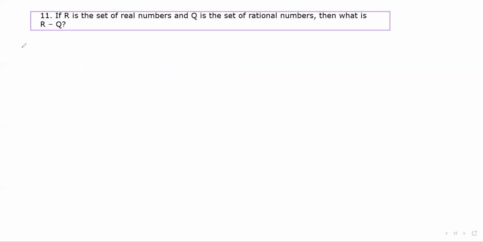11th. If R is a set of real numbers and Q is a set of rational numbers, then what is R minus Q? Now, real numbers are a combination of rational numbers plus irrational numbers. There is no element in real numbers which is neither rational nor irrational.